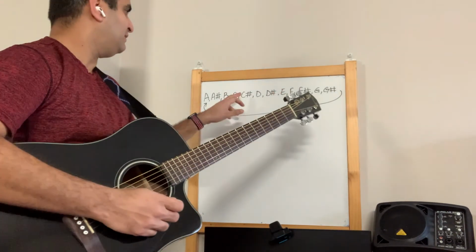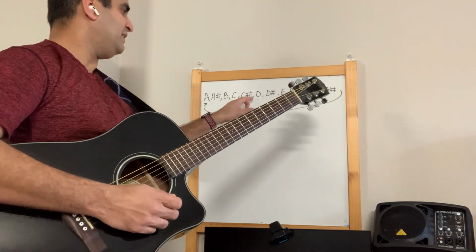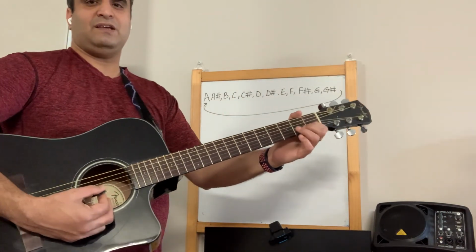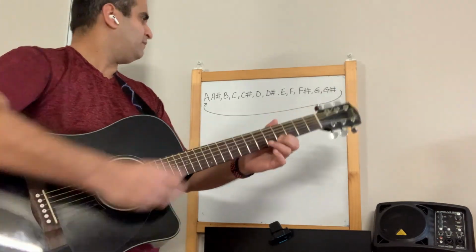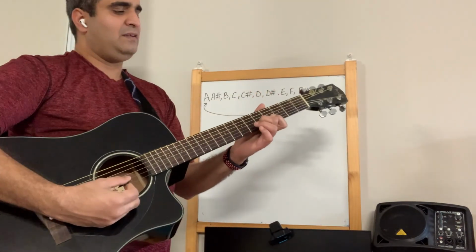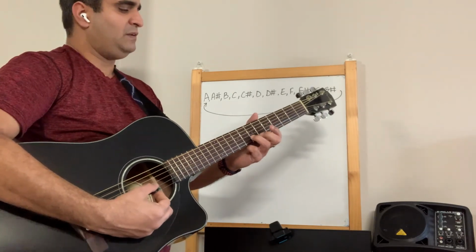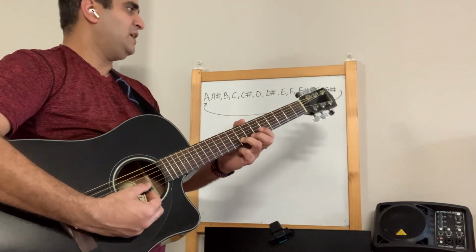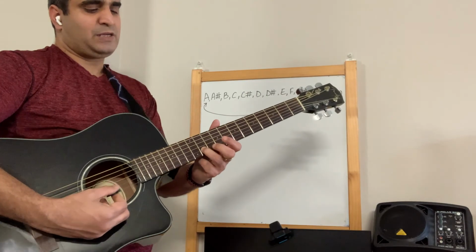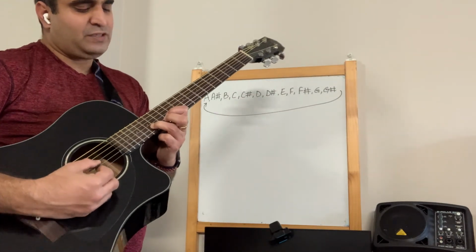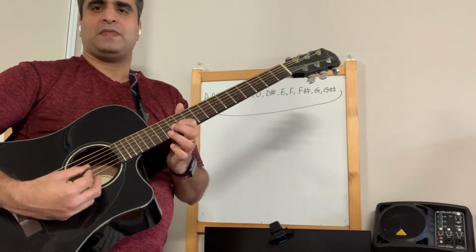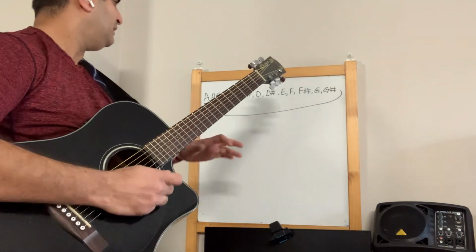C sharp, right? So there is C sharp between C and D. So C, C sharp, D, right? D sharp, then E, F, F sharp, G, G sharp, A sharp, B, C, C sharp, D. So if you see, my 12th fret is again B, right?